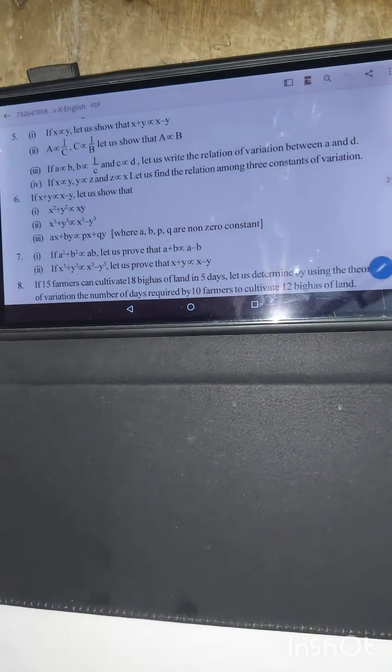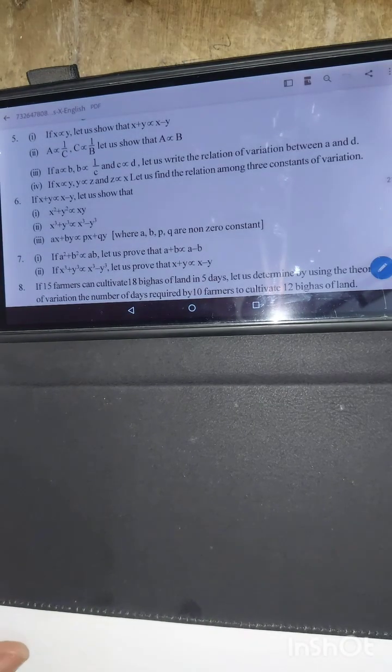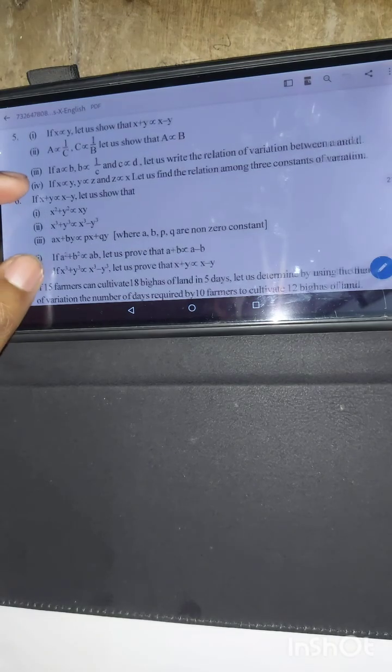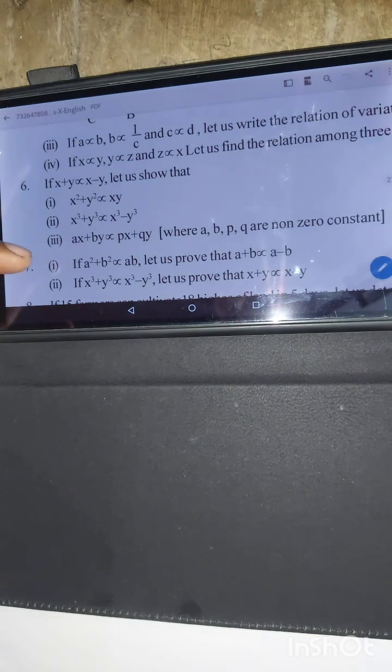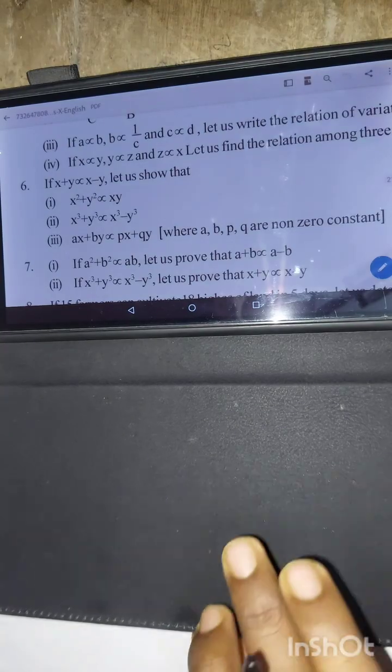Question number 6 says, if x plus y varies as x minus y, this is given, let us show that these three relations. We have to show these things. So let us first do the first question, 6(1). Let us first write what is given to us.